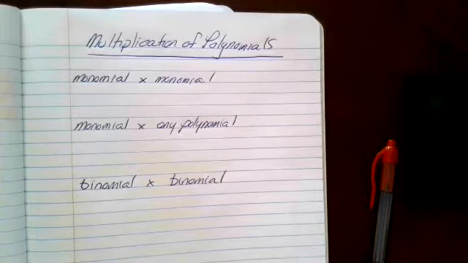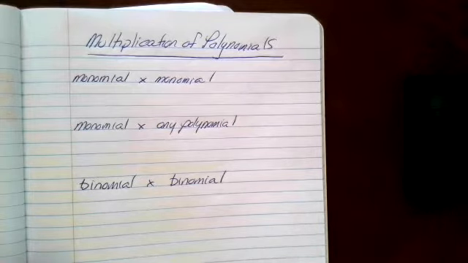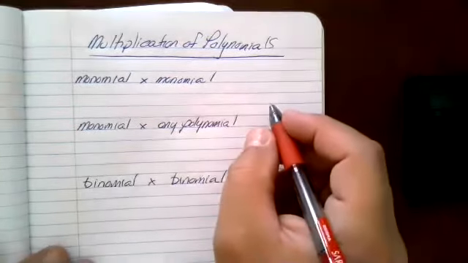So let's continue on with multiplication of polynomials. In our first 3 examples, we're going to look at a monomial times a monomial, which is a single term polynomial times a single term polynomial.